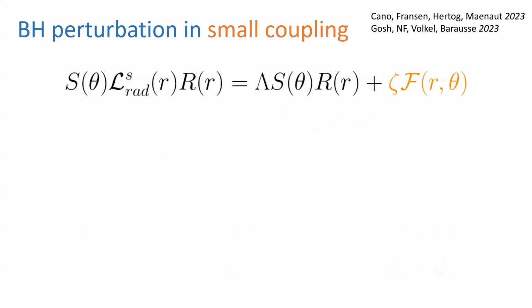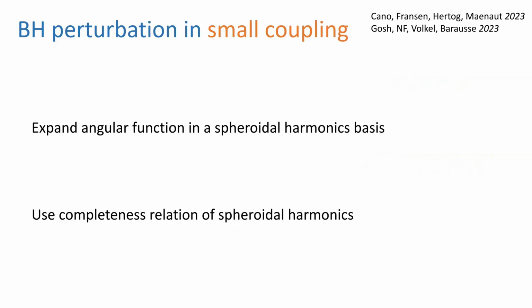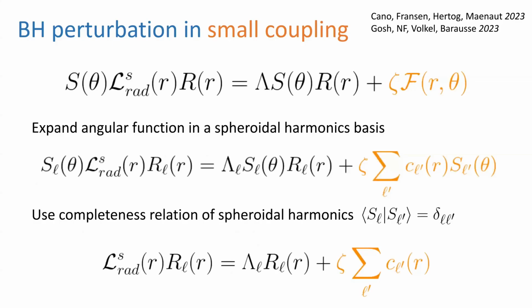So if you recast the equation into this form and expand everything into the spheroidal harmonic basis, which is the basis of the perturbation of the Teukolsky formalism, you can then use the fact that the spheroidal harmonics are a complete basis. So you can project all the equation onto a selected mode in the angular part, use the completeness, and all the residual coupling terms enter at higher order in zeta.